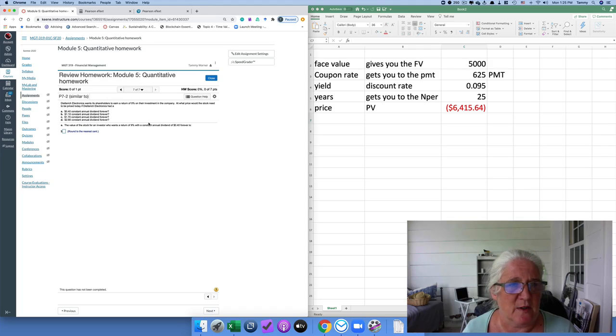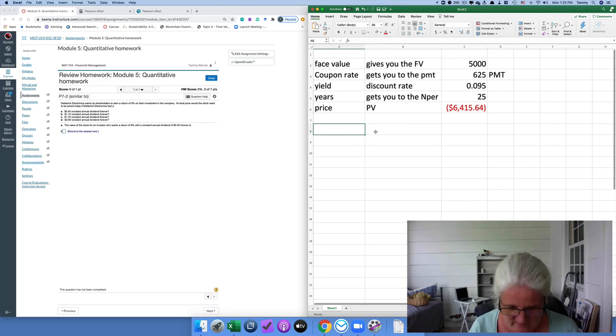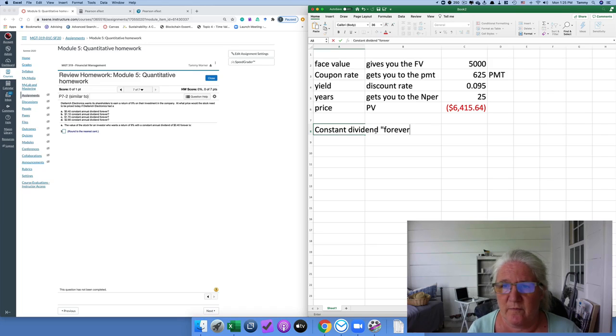Now, the last one is a dividend model. It's a constant dividend model, and I wanted you to recognize that as an annuity, which is a forever annuity, a perpetuity. So the constant dividend forever is what's called a perpetuity.